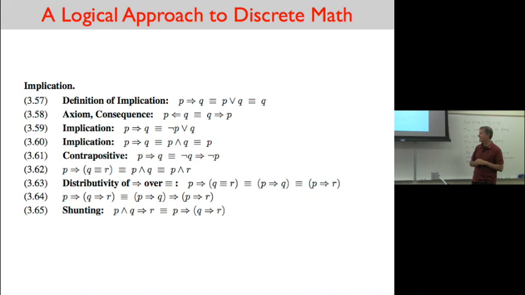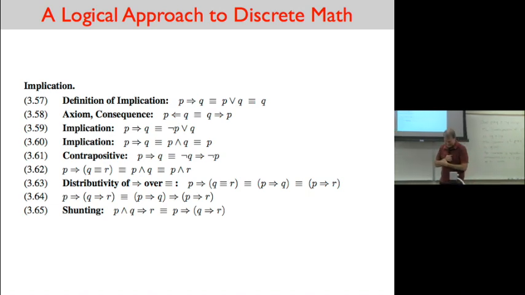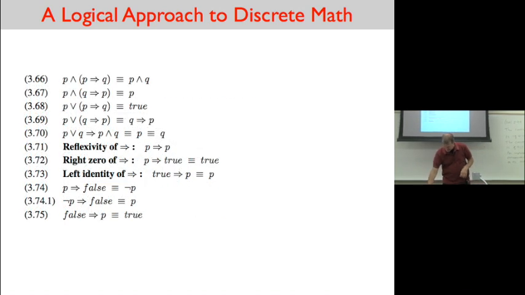Because it's equivales, we could have moved things around because of the symmetry of equivales. We could have had them both be P implies parentheses, Q implies R. So that's shunting.